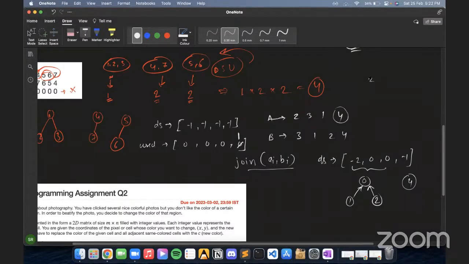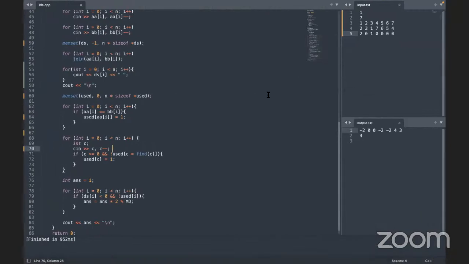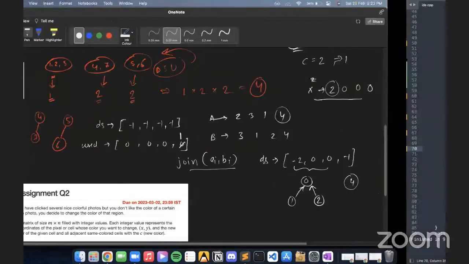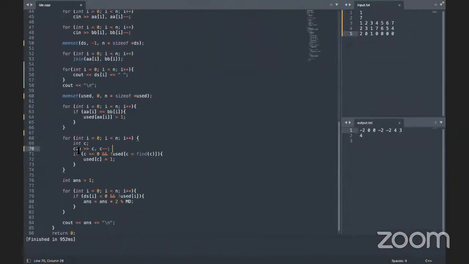All right. Here A and B are given. For example, if X, earlier that we took the case, was given 0 at all positions, if we just take 2 over here, 0, 0, 0, let's just take this example. Now, when we take the input, we'll take 2 as the input, and C will be 2. We reduce C to 1, right? And now we check, okay, 1 is greater than or equal to 0.